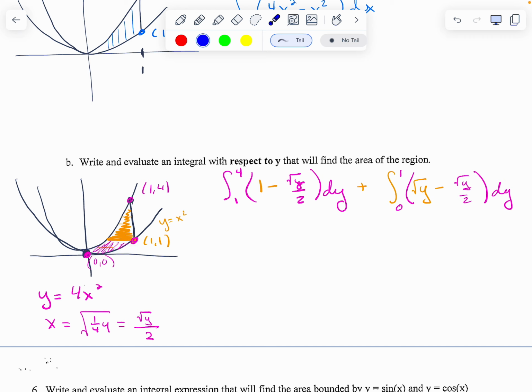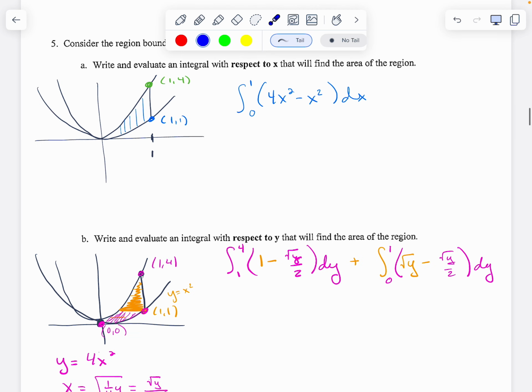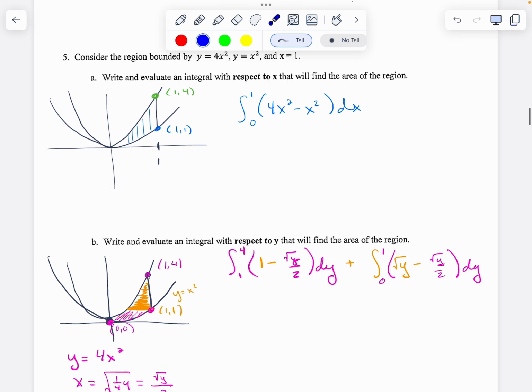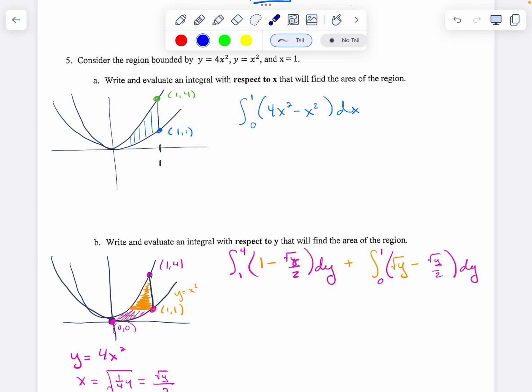Yeah. Okay, for the orange slices, what is the right side? What is the boundary? 1. So that's why I'm doing 1 minus. So in this case, which one was easier? The top one. It's not always going to be that way.